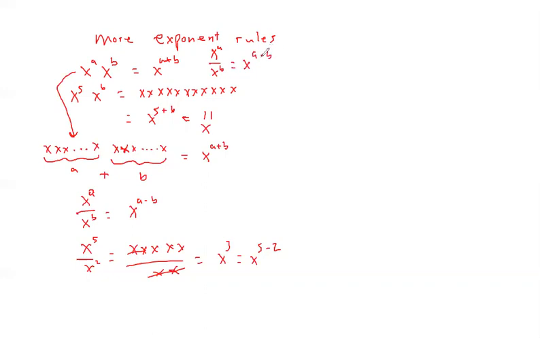Now, let's work some problems with those 2 rules, and then we'll take a look at what happens when this number right here is larger than this number.